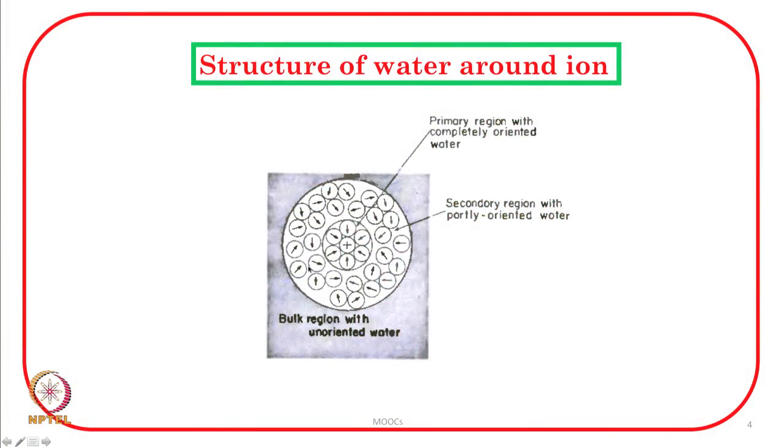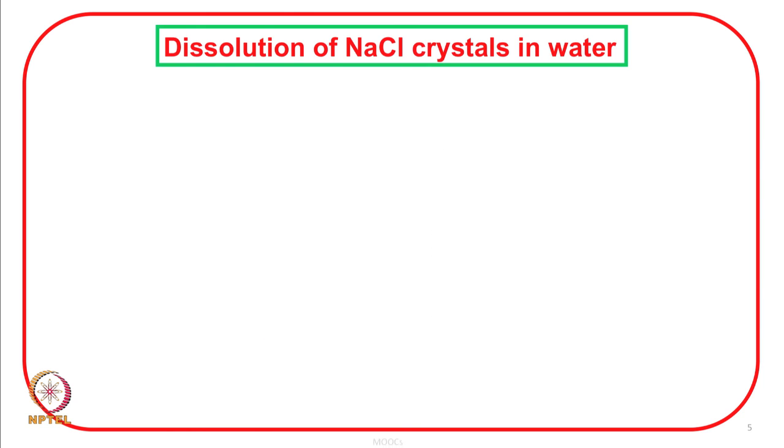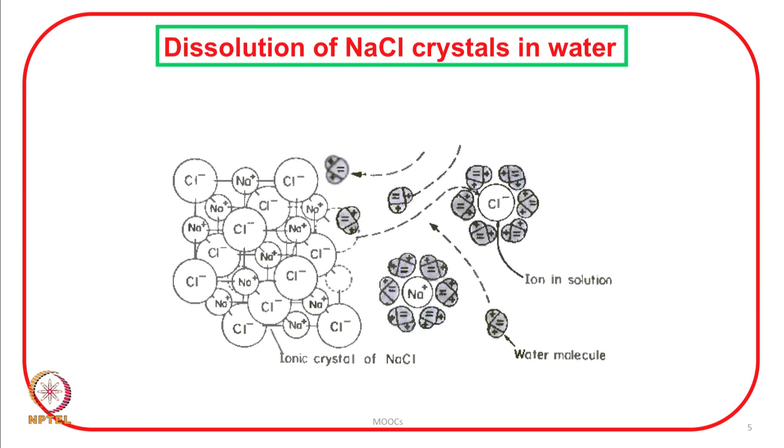And if we go back to the slide, suppose a lot of water molecules are oriented around the ion, or a lot of water molecules come under the influence of the electrostatic field of the ion, then it will lead to a partial collapse of the structure of water. Let us keep these things in mind. So, what happens when you dissolve sodium chloride crystals in water?